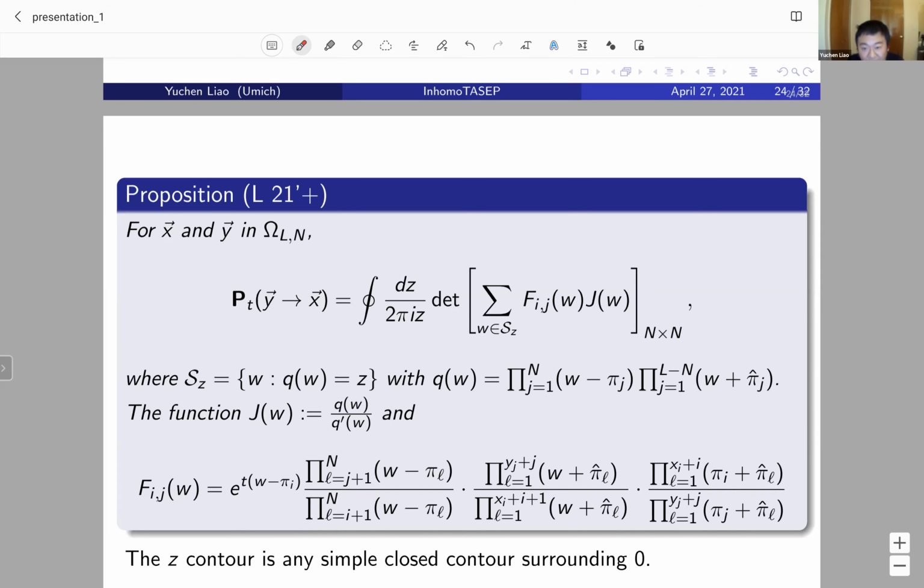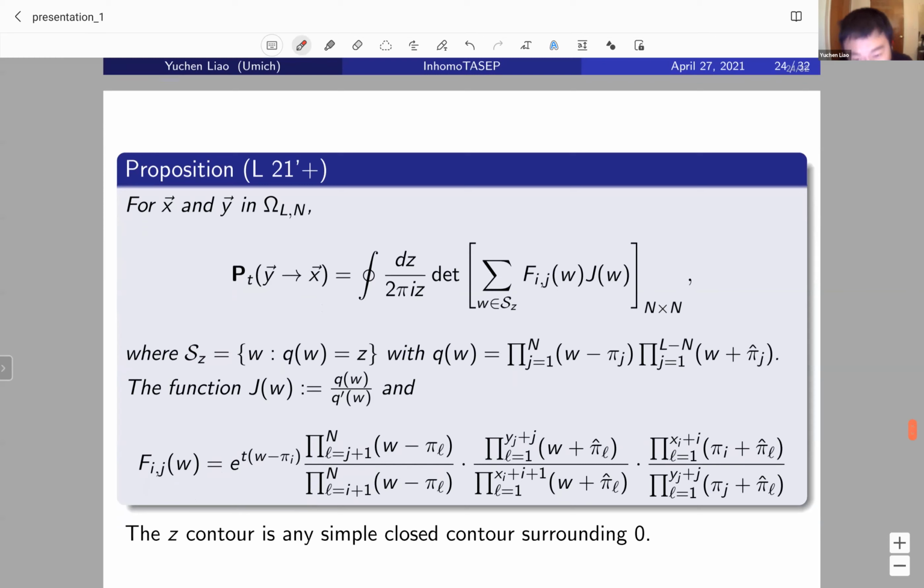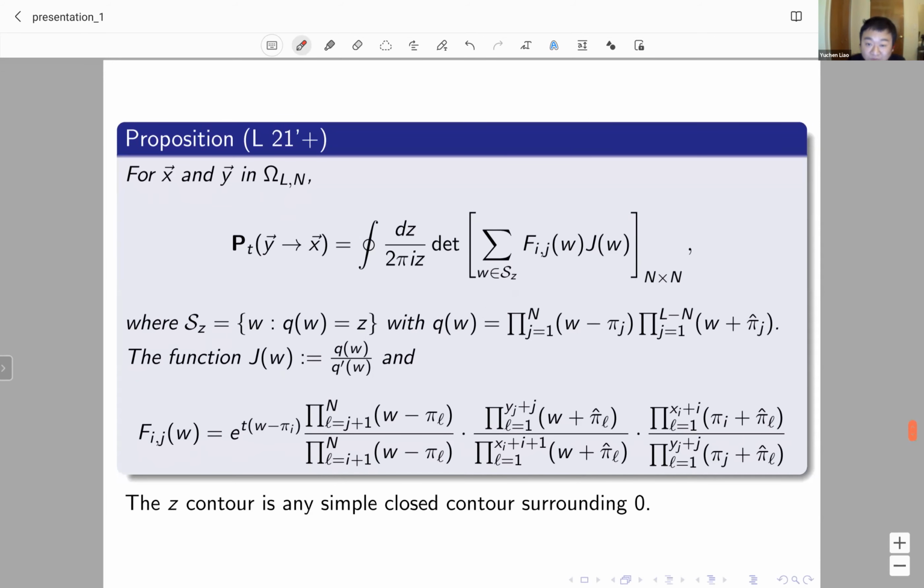So those are the only two differences between this periodic analog and the full space Schur formula for transition probability. Of course, it is written only for the homogeneous case, and I don't know if this two sets of parameters transition probability has been written down anywhere else. But anyway, it should be some folklore to experts.